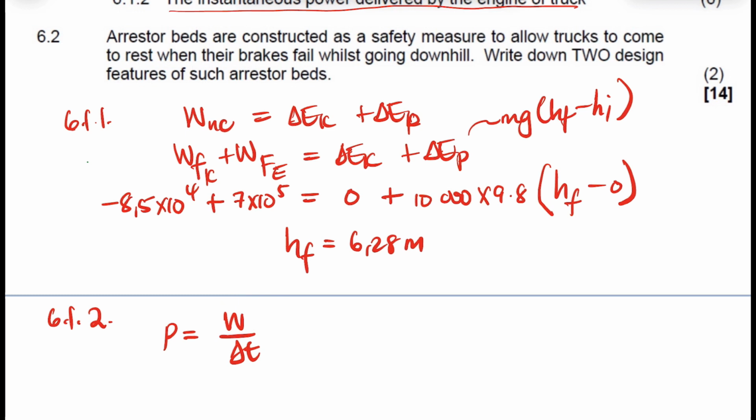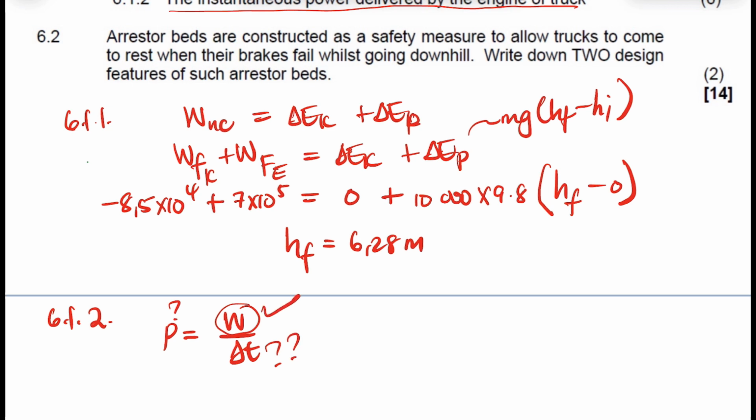So we need to get the work done by the force of an engine, but we do not have time as well. So we have two unknowns here. We have this and this, right?